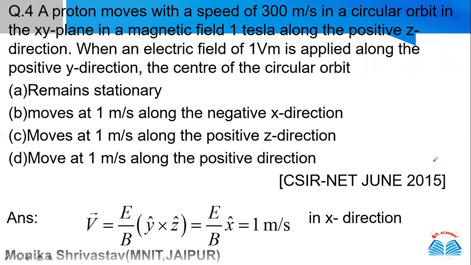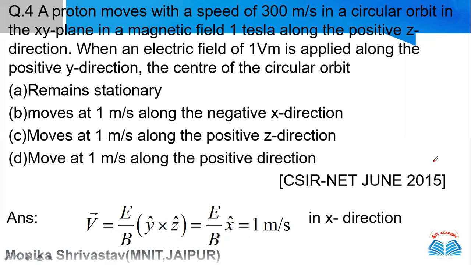And next, a proton moves with a speed of 300 meter per second in a circular orbit in the XY plane in a magnetic field of 1 Tesla along the positive Z direction. This is the same example we were doing in our lecture.